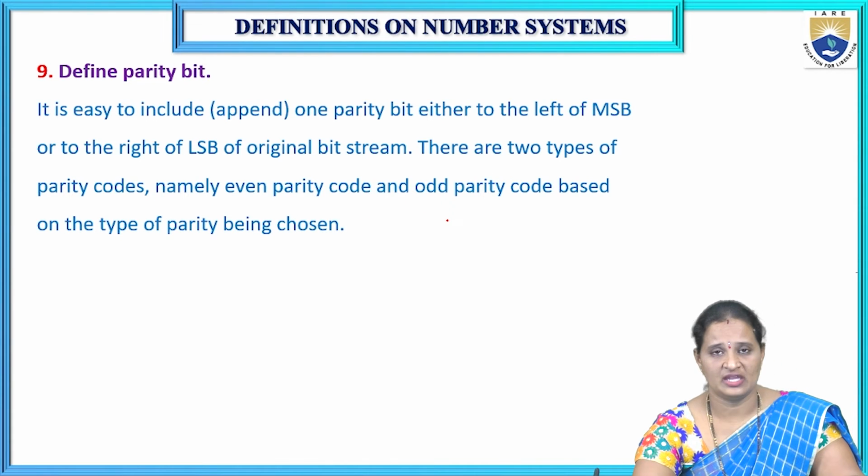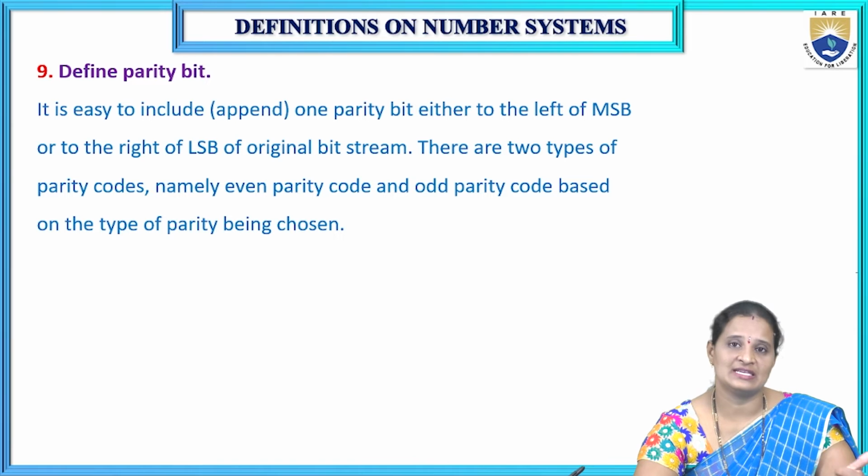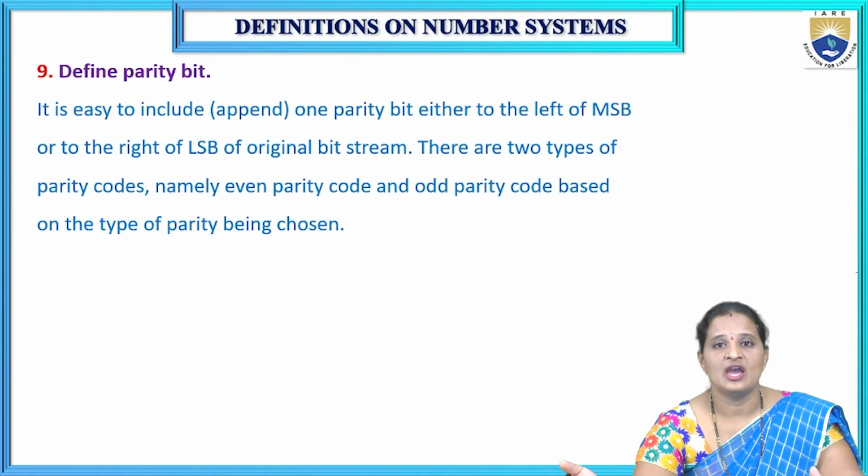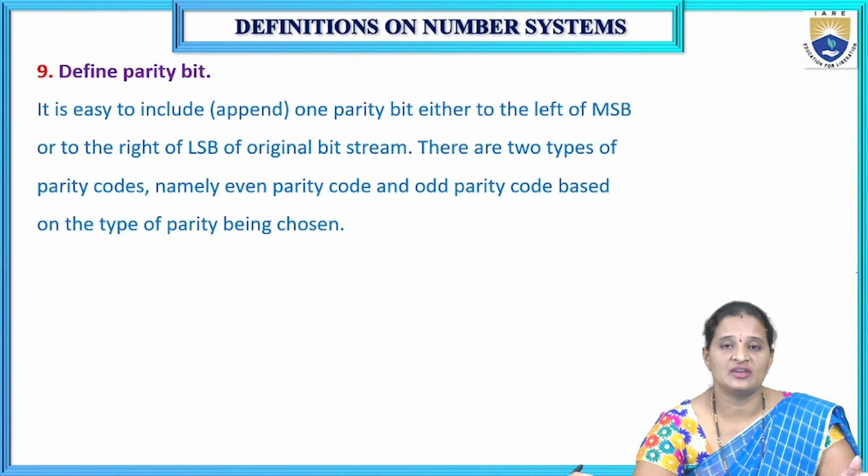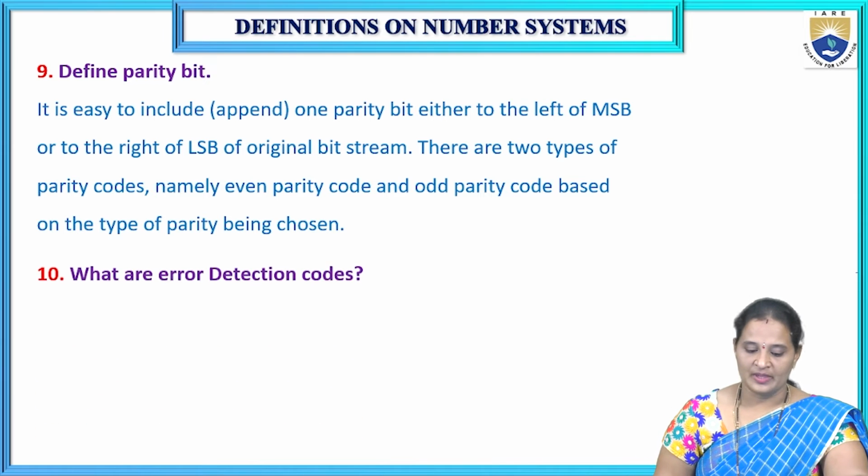So in short, the parity bit is an extra bit appended to the message or data bits, either to the left of MSB or to the right of LSB of the original bit stream, such that the number of ones in the given data becomes either even or odd. Based on this, we have 2 types of parity bits: even parity and odd parity.